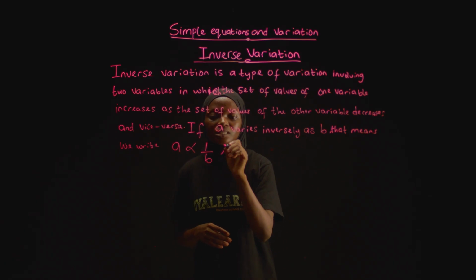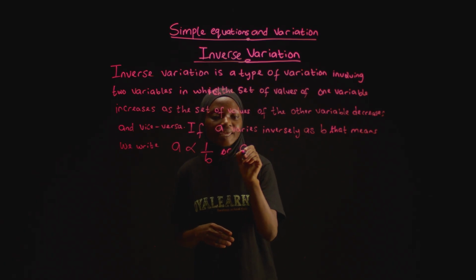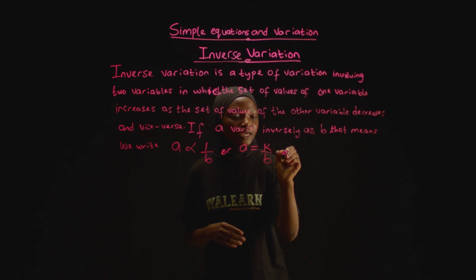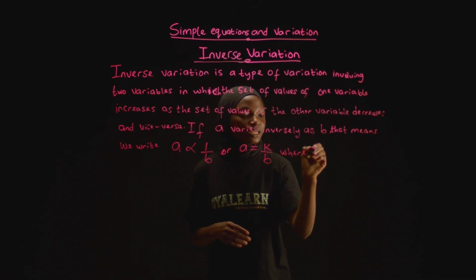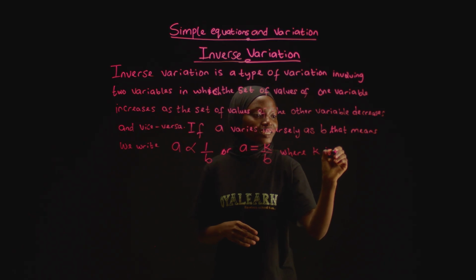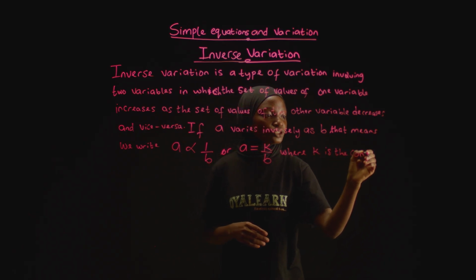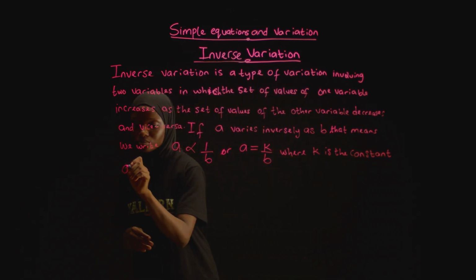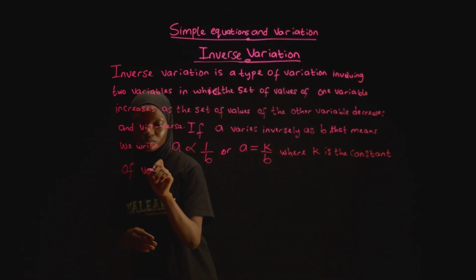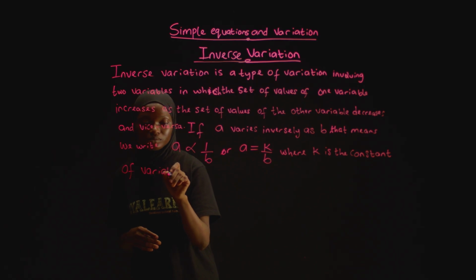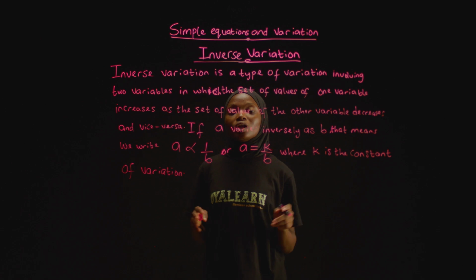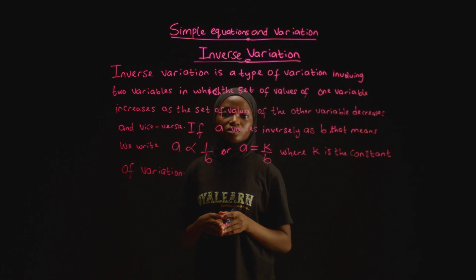And it's the same thing as A equals K over B, where K is the constant of variation. And that's all about inverse variation. Thank you.